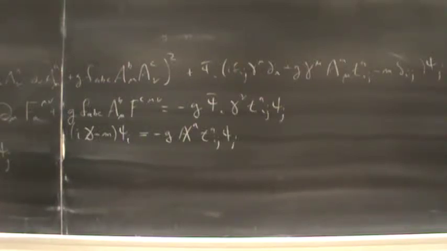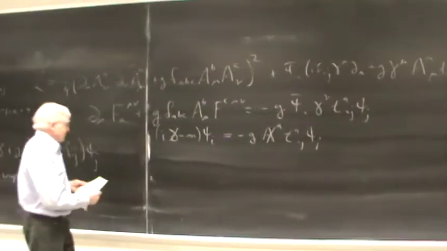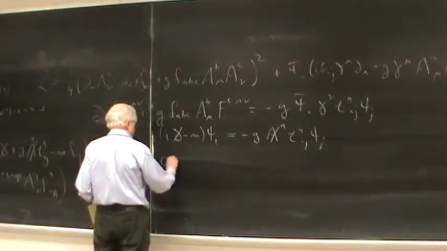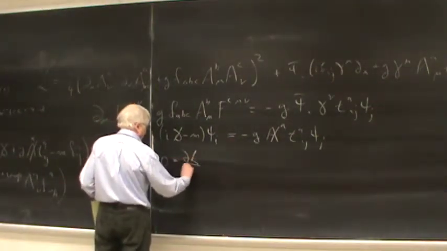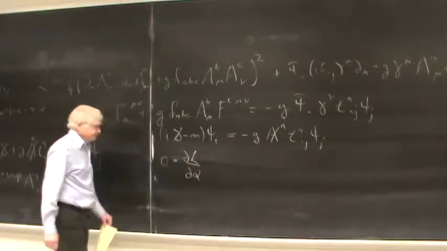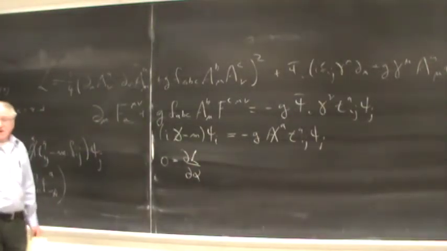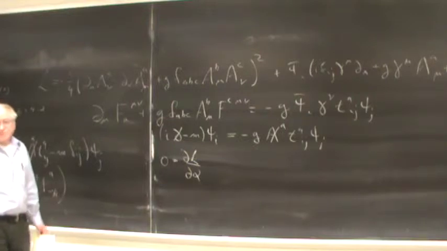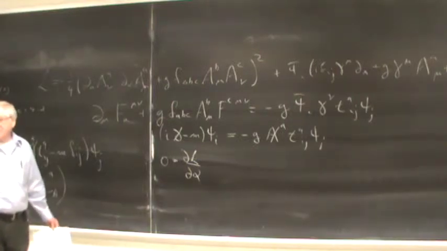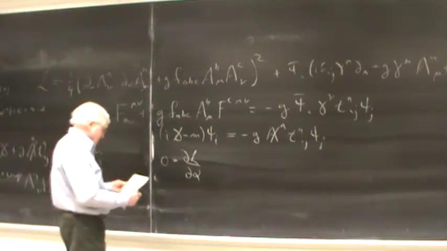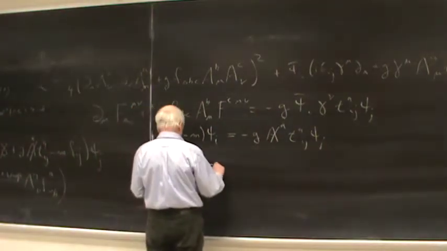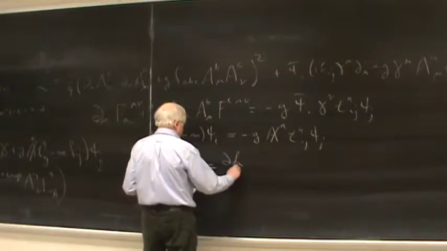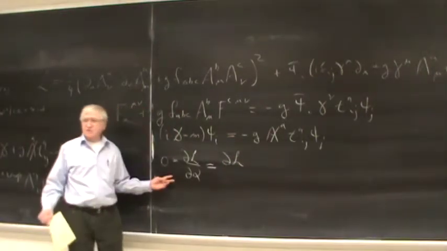This action density under a global transformation is invariant, so we get 0 equals partial L, partial alpha, where alpha is either an infinitesimal or a finite but constant, global, space-time independent transformation. And so what is that? Well, in fact, I can repeat Noether's theorem generally.